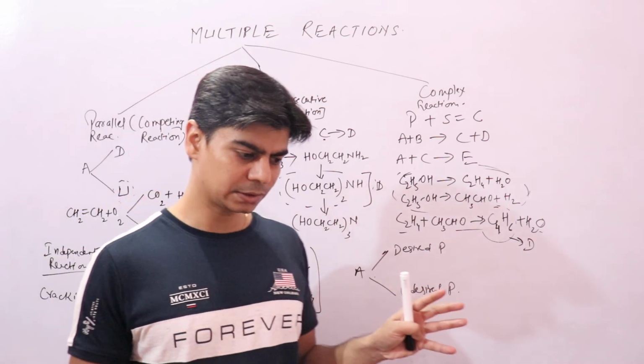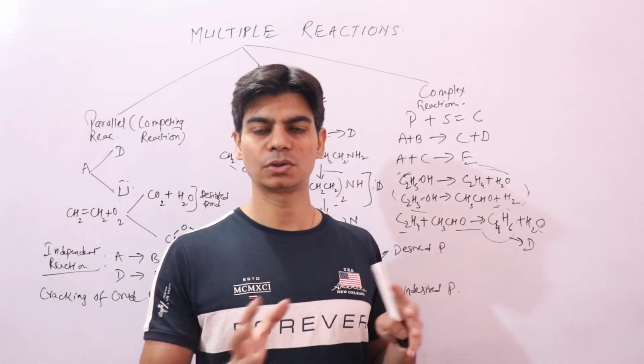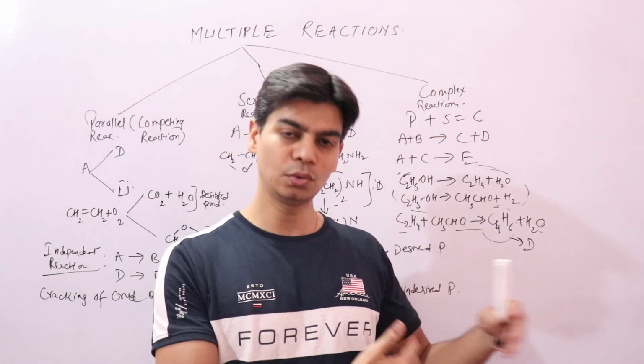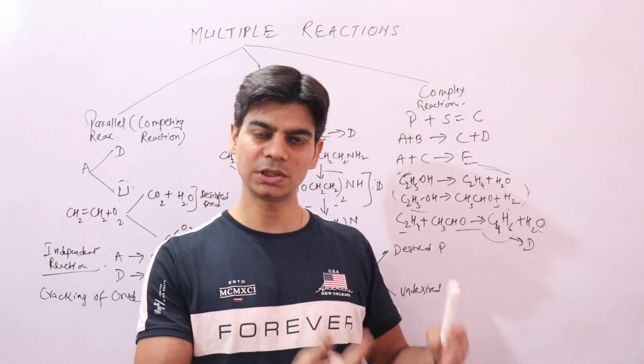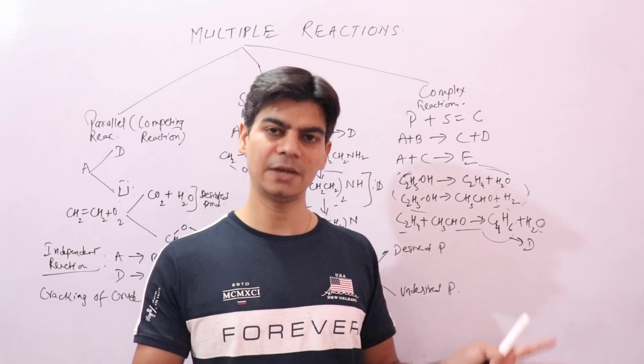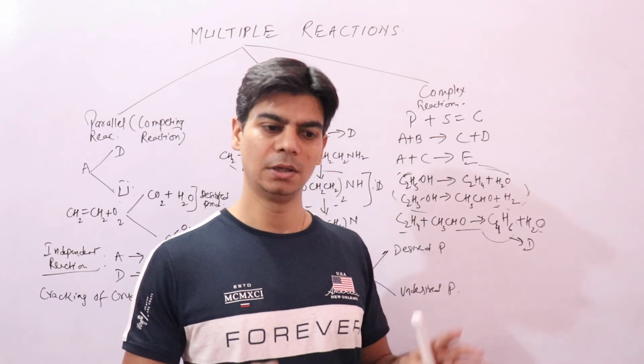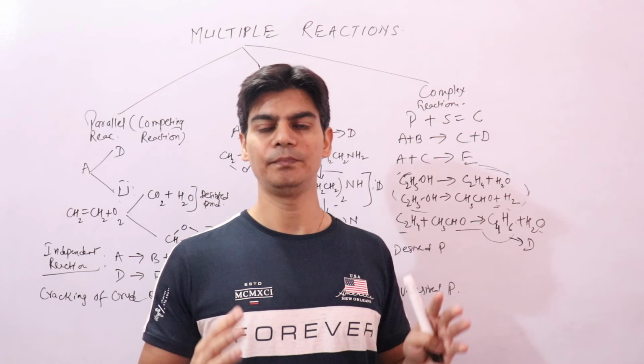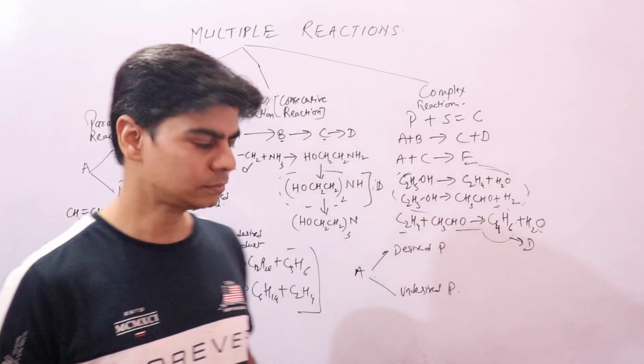So the chemical engineer has to look into these 2 things to see which will lead to more cost and where he can save some money, so that he can show some benefit to the company.